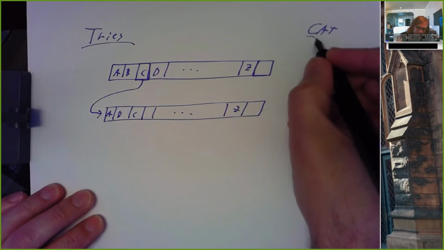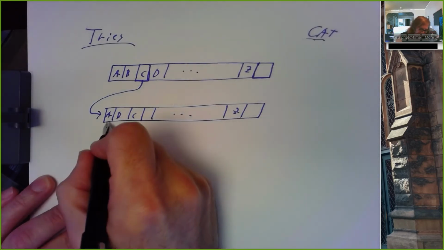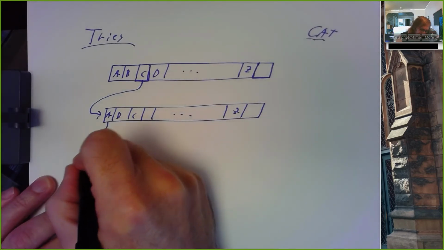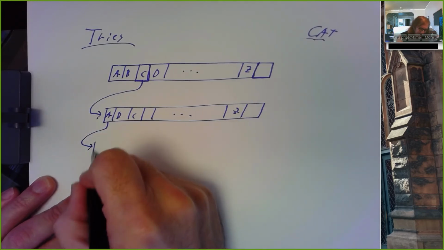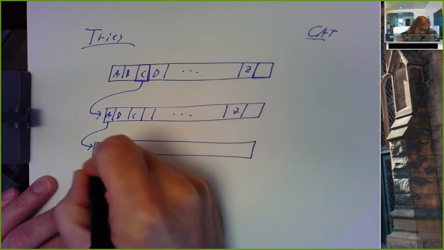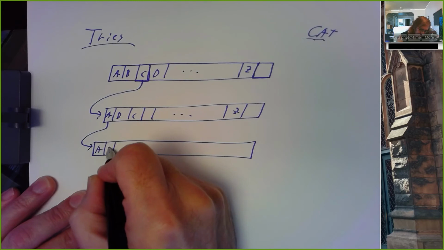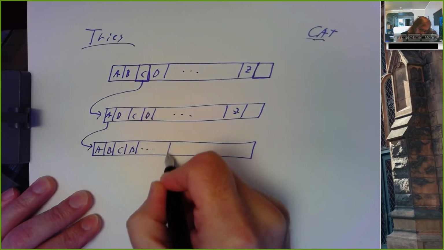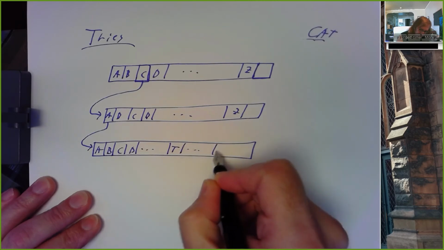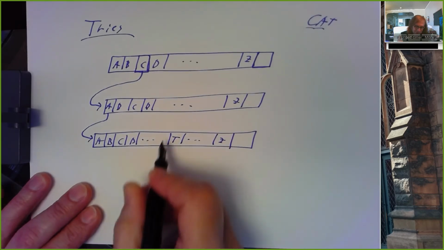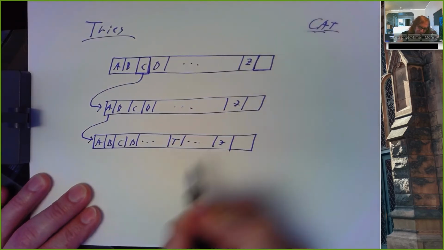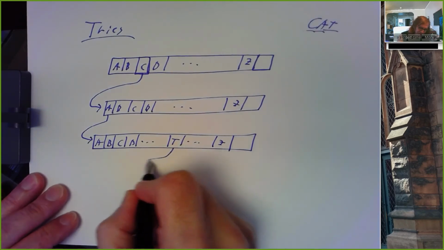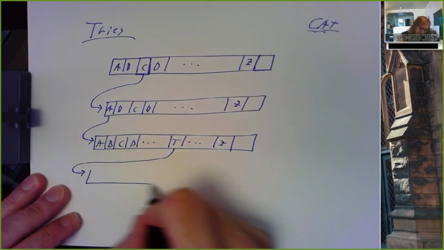And then I'm going to take the second letter, which is an A, and I'm going to take the A pointer from here, and point to another node. And then this third node, since the third letter is T, I'm going to take the T pointer and have that point to another node.